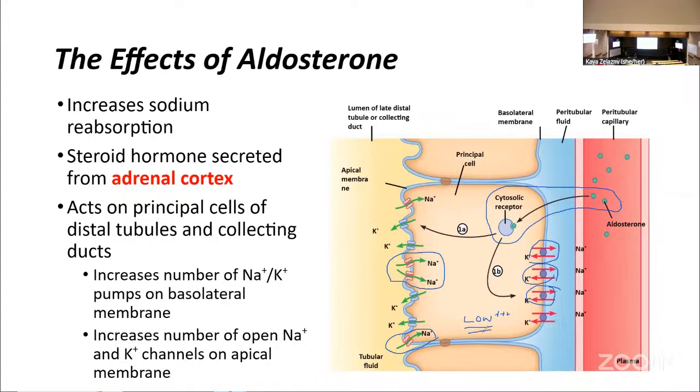I don't know, maybe plus isn't a great thing to draw for low, but super low because we're pumping that sodium out fast, meaning we're able to pull lots of sodium into the cell using that gradient, and then we're able to pump lots of sodium into the blood because that's the point of the aldosterone here, is to get more sodium reabsorption into the blood.